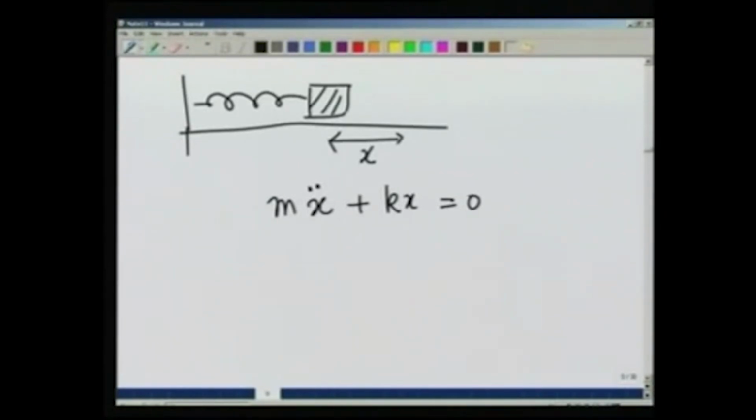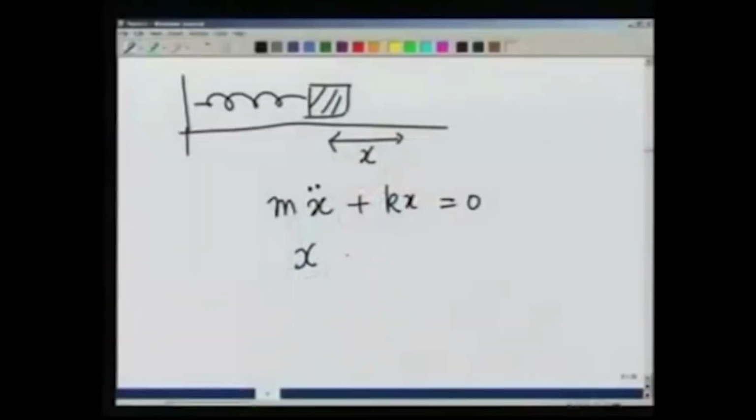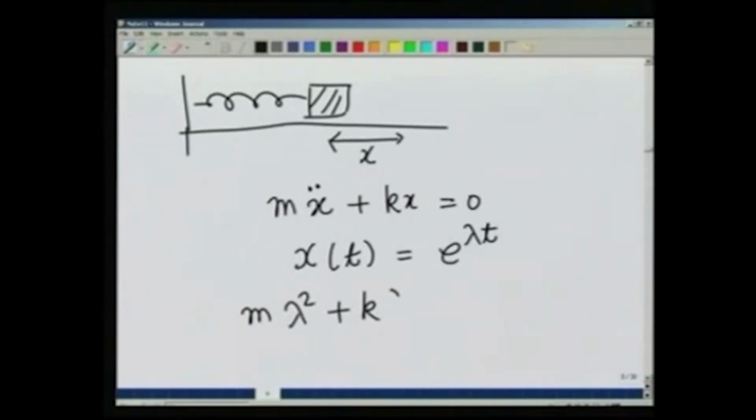And we have seen in the past that to solve such an equation, we assume the solution of x to be of the form e raised to lambda t. Substitute it in the equation, then we get m lambda square plus k times e raised to lambda t is equal to 0, which is true for all the times.